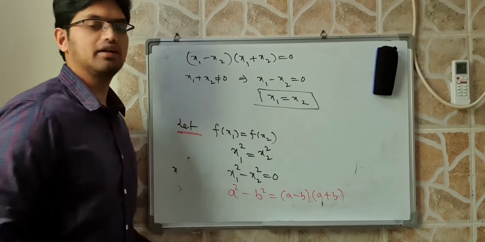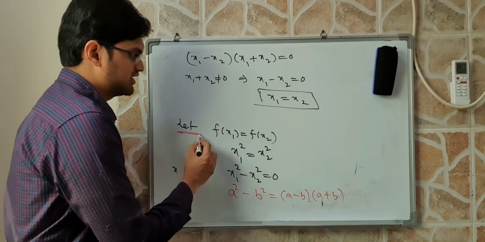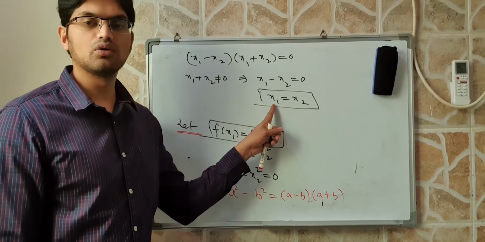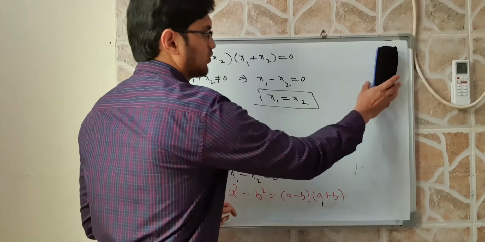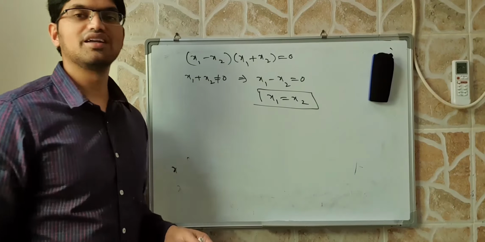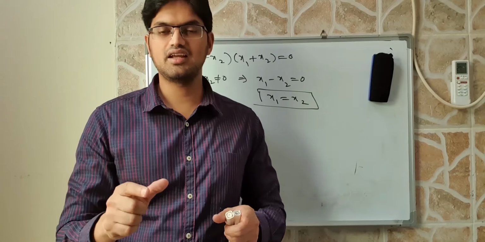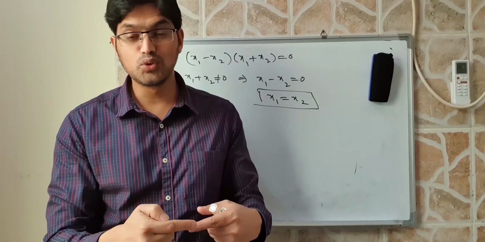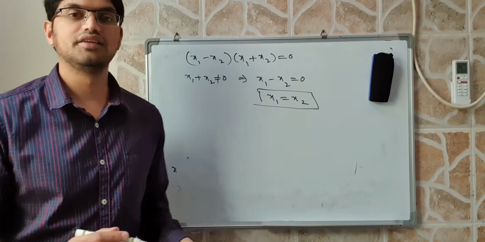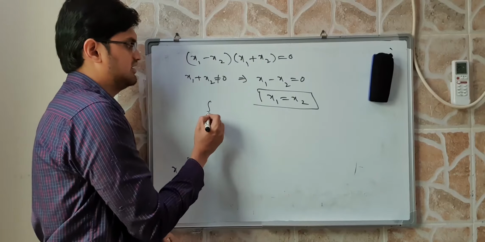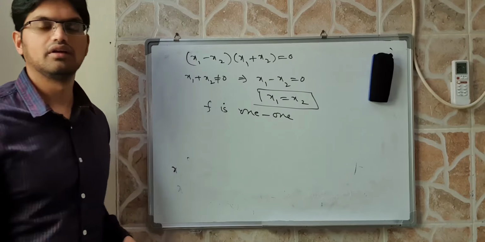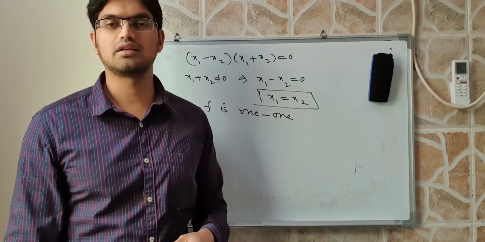So we started with the condition that images are equal, and we have concluded that the elements are equal. That is the condition which I told you: let us equate the images and try to prove the elements x1 and x2 are equal. Then this proves that f is one-one. Hence we have proved the injectivity.